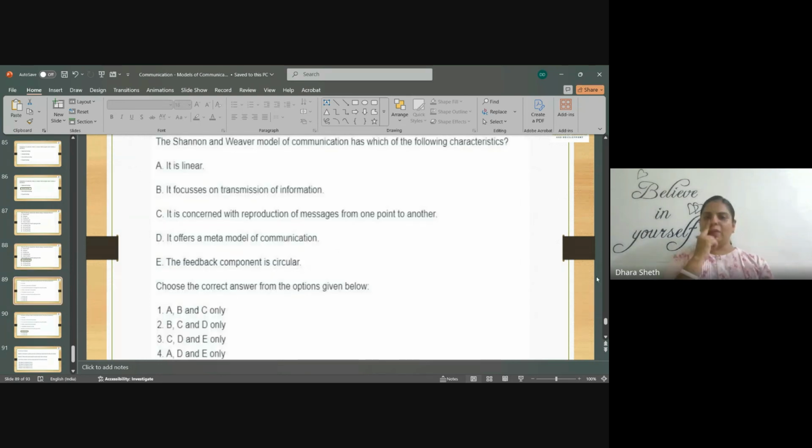The Shannon and Weaver model of communication has which of the following characteristics? It is linear. It focuses on transmission of information. It is concerned with reproduction of messages from one point to another. It offers a meta model of communication, and the feedback component is circular.